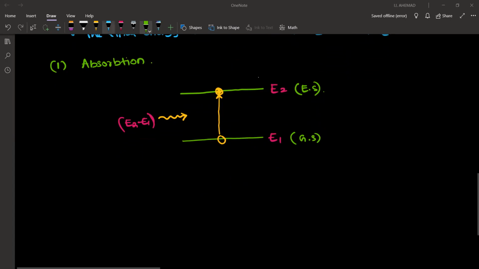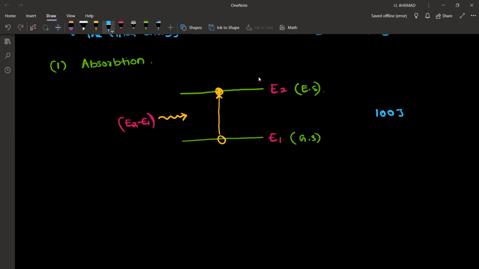Each and every energy level has a certain energy. You might have studied in your chemistry that each and every level has its unique energy. So let's say the difference between these two levels is 100 joules.